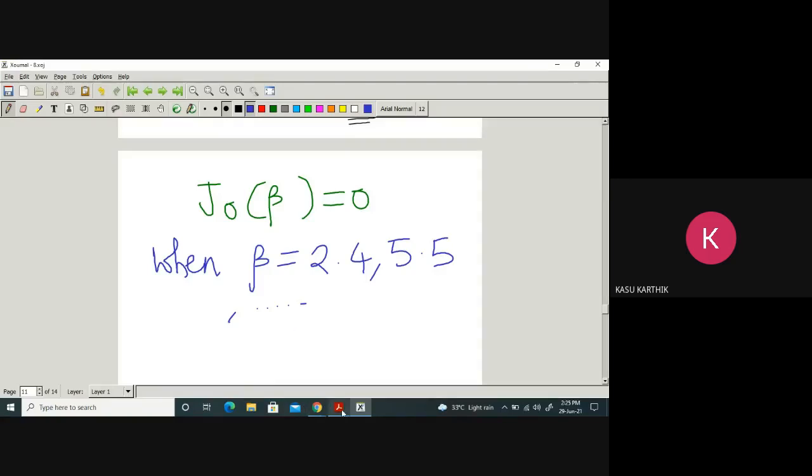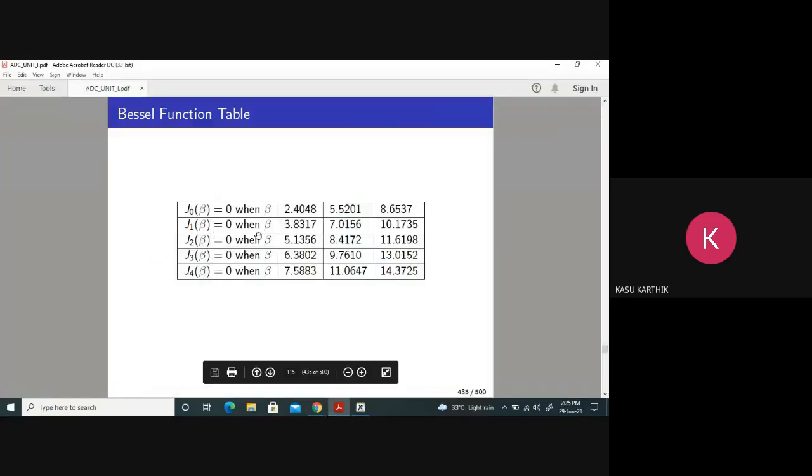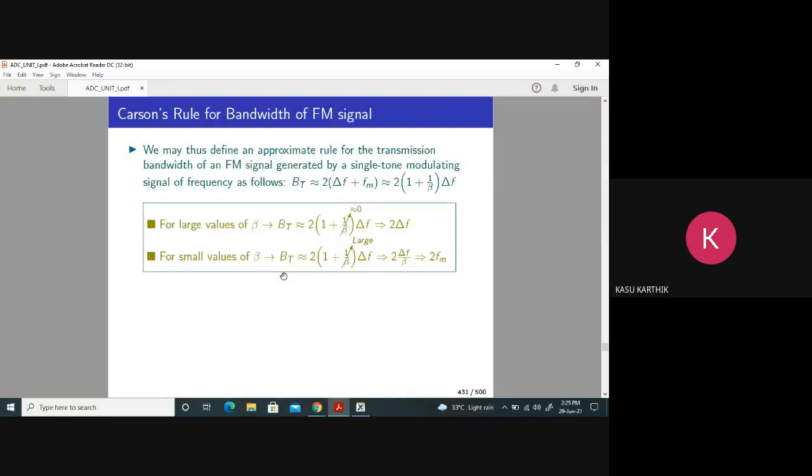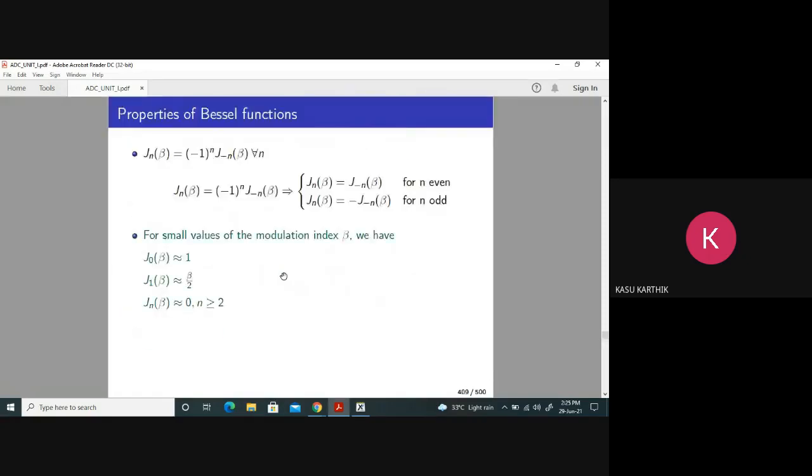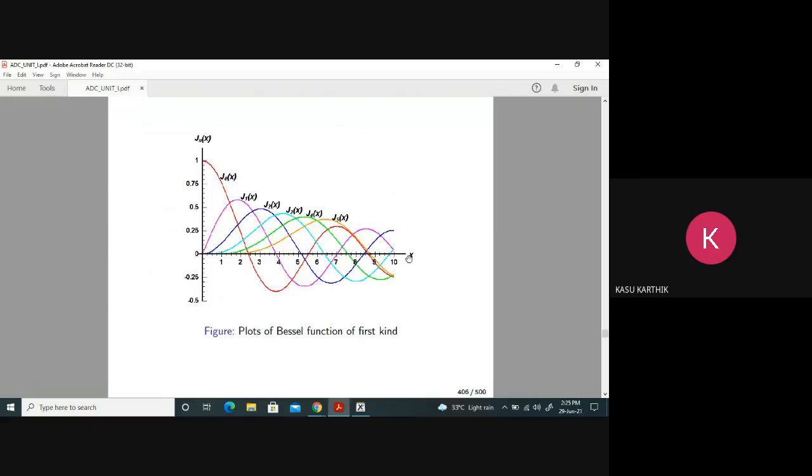In the same way, J1 beta is equal to 0 when beta equal to these values. J2 beta equal to 0 at these values, J3 beta, J4 beta. So let me go to the properties of Bessel coefficients. I will show the graph also: x versus J naught x, or beta versus J naught beta.